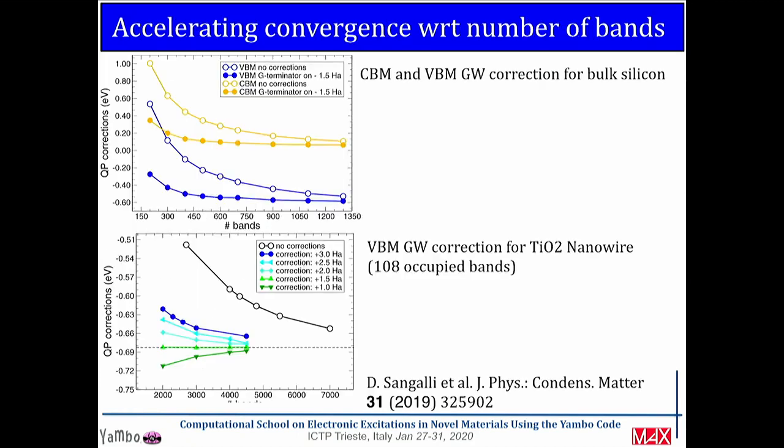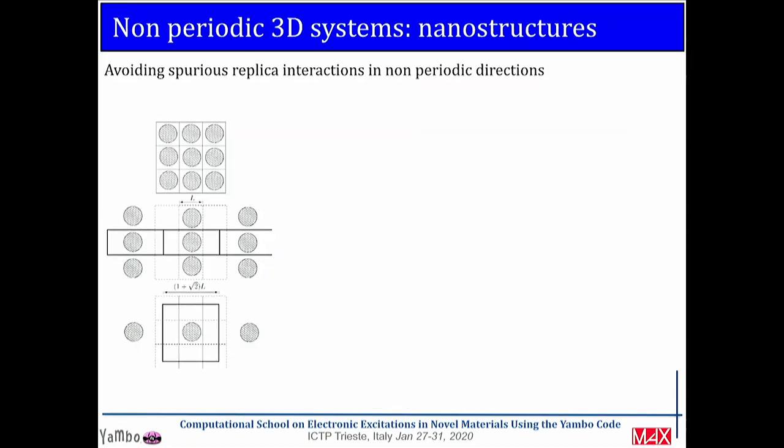What happens in a GW calculation when we deal with non-periodic, not strictly three-dimensional periodic systems? If you want to calculate a nanostructure, an isolated molecule, a nanowire, a polymer, carbon nanotubes, 2D systems, a slab.